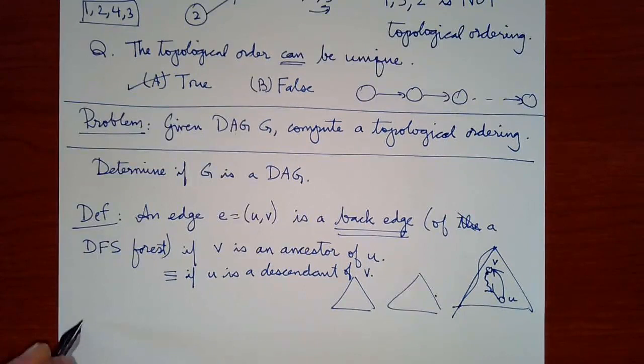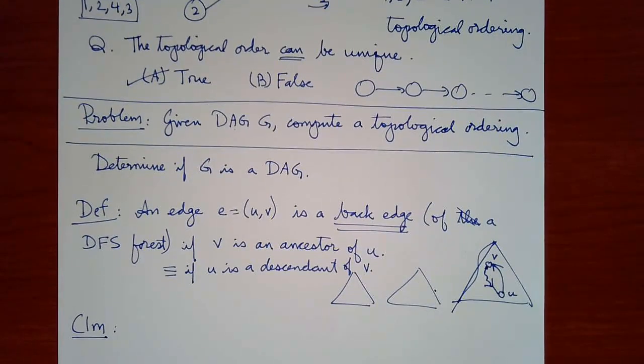So I'm just going to write this down as a claim, which says that if there exists a back edge, then G is not a DAG.